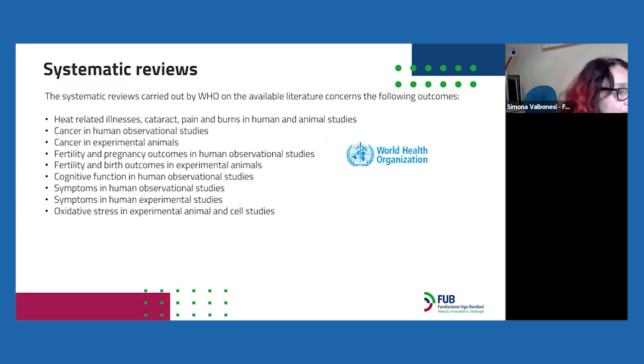The considered outcomes are heat-related illnesses, cataract, pain, and burns in human and animal studies, cancer in human observational studies, cancer in experimental animals, fertility and pregnancy outcomes in human observational studies, fertility and birth outcomes in experimental animals, cognitive function in human observational studies, symptoms in human observational studies, symptoms in human experimental studies, and oxidative stress in experimental animal and cell studies.